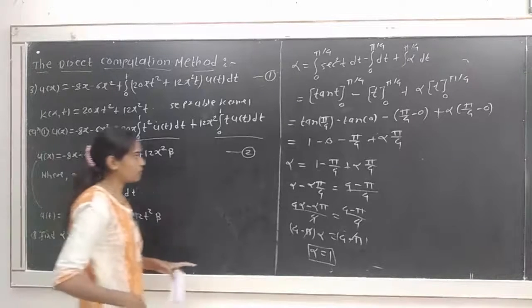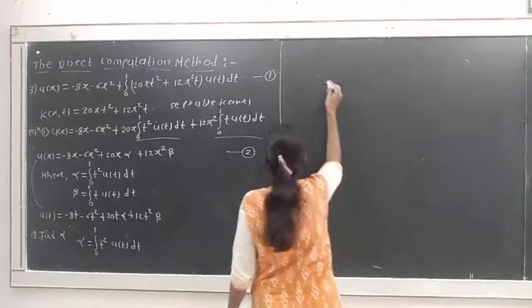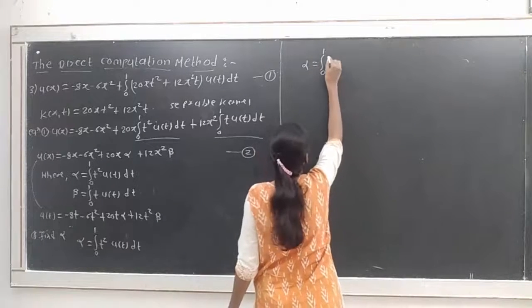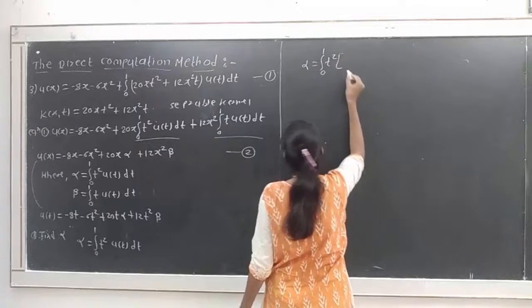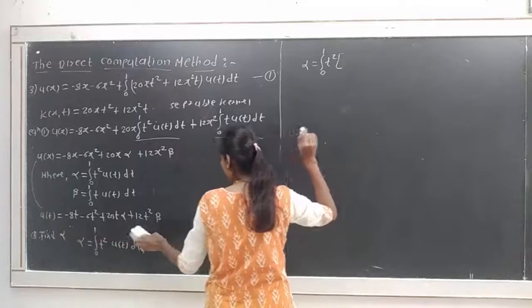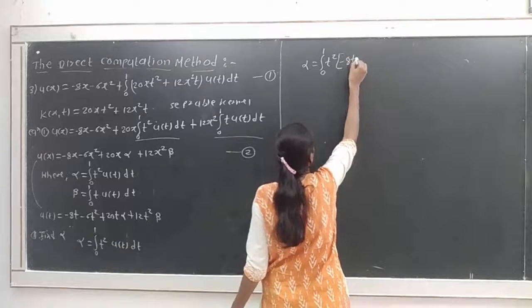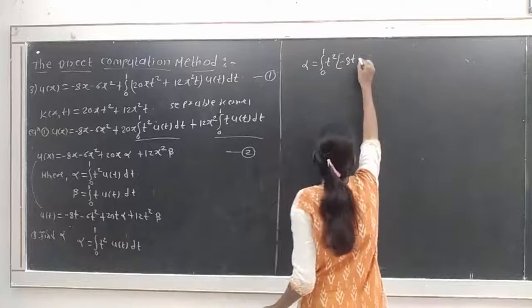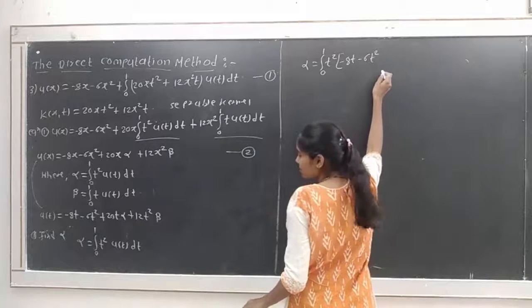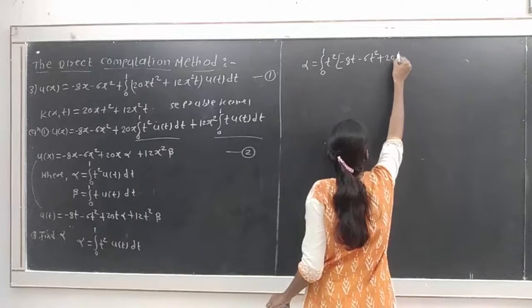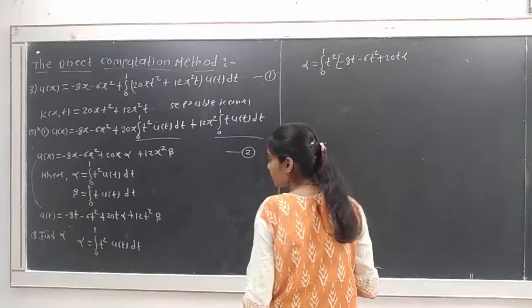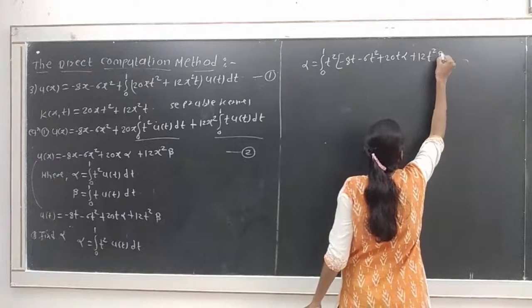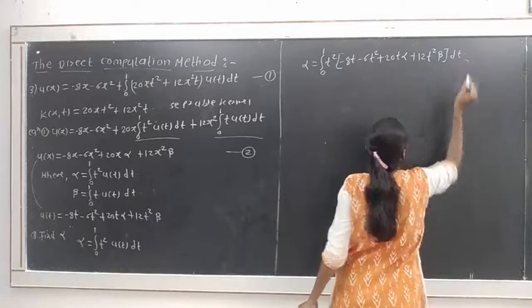We put here the value of u of t. So we get alpha is equal to integration from 0 to 1 of t square as it is, in bracket we write the value of u of t from this, that is minus 8 into t minus 6t square plus 20t into alpha plus 12t square into beta into dt.